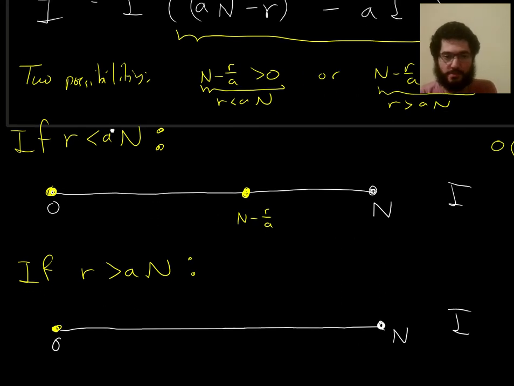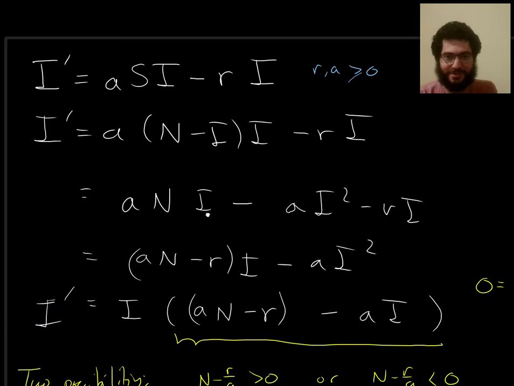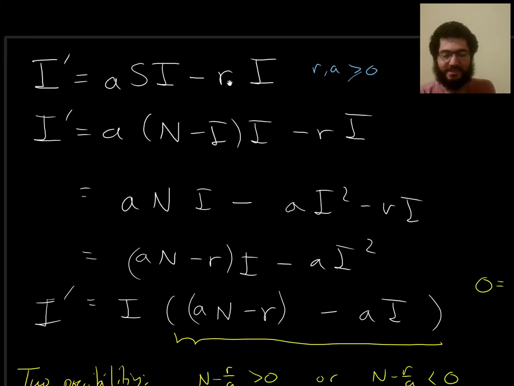So what is R, first of all? What does R represent? It's like the rate of recovery, right? If R is large, that means during any unit of time, a large proportion of the infected stop being infected, become susceptible. Or you could say recover.